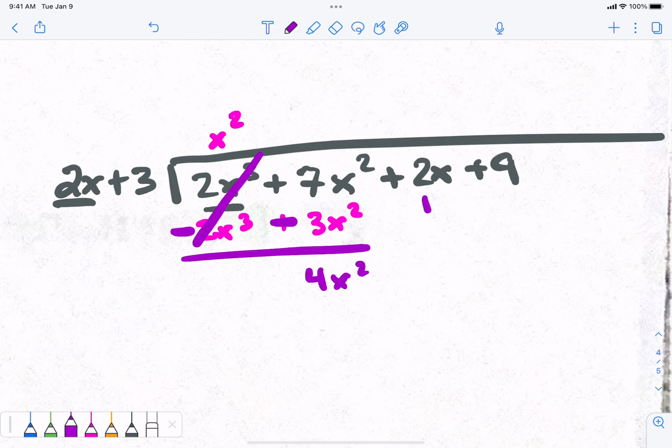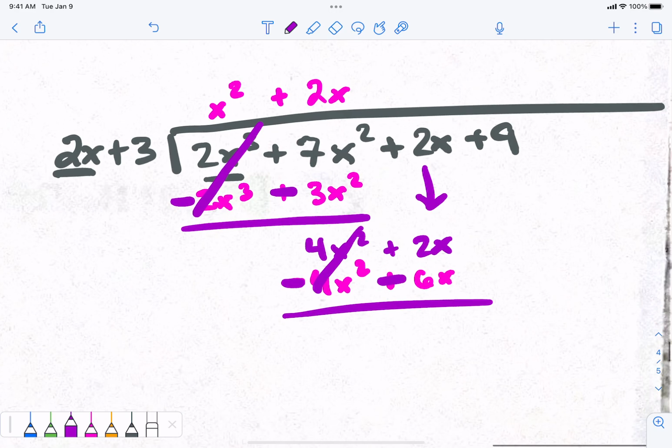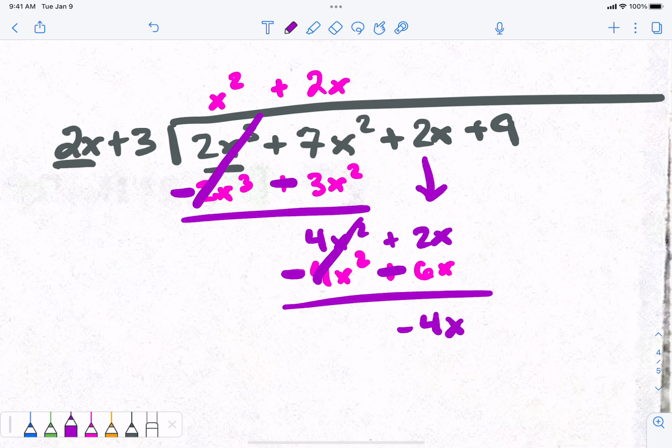So we've got 4x squared, and then I'm going to drop the 2x down: plus 2x. Now we begin again. What do you take times 2x to get 4x squared? 2x, okay? That's 4x squared when I multiply it back, and plus 6x, but flip the sign: minus, minus. So I'll have negative 4x, and then plus 9.